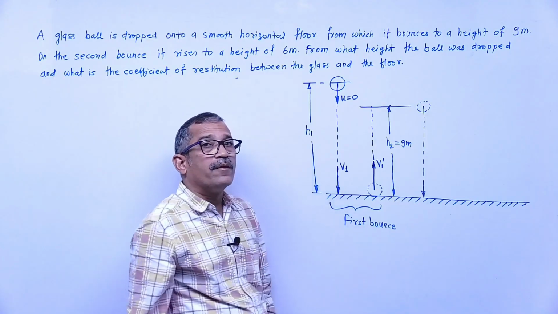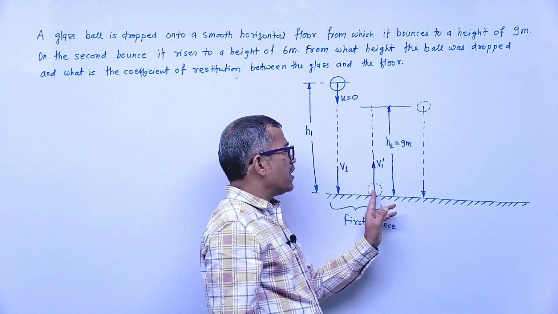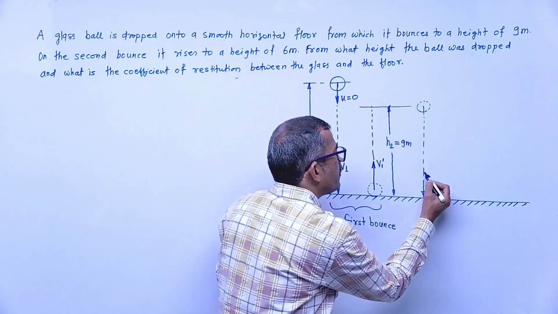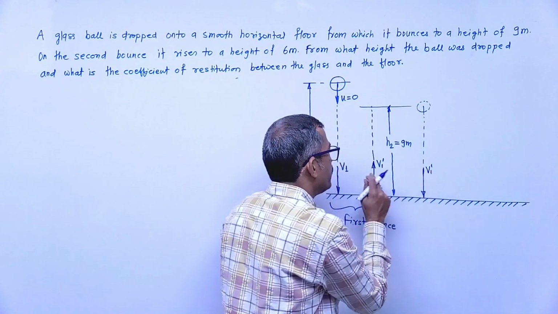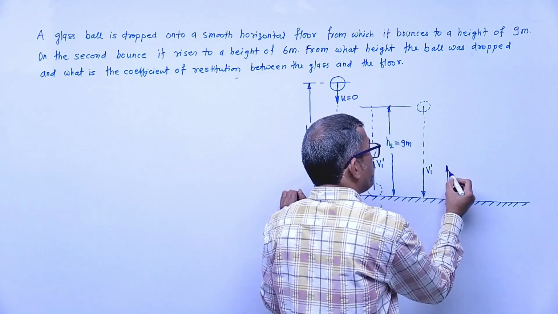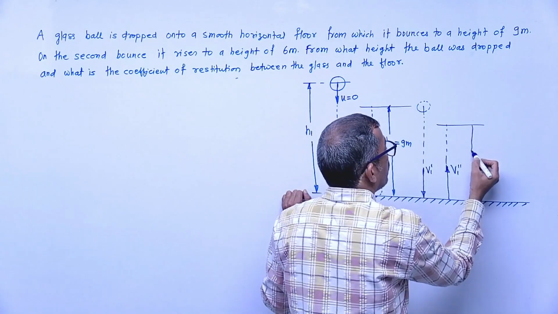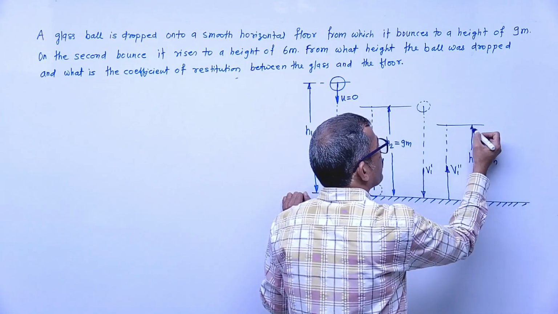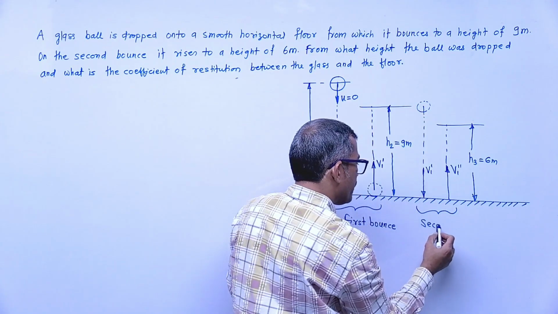Assuming there is no loss of energy due to air, first kinetic energy gets converted into potential energy, then potential energy gets converted to kinetic energy. That means the velocity with which it strikes must be the same as V1 dash. Then it rebounds in upward direction, say V1 double dash, and attains a height H3 equal to 6 meter. This is the second bounce.